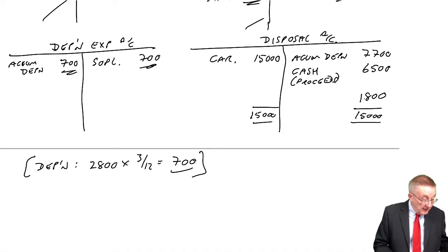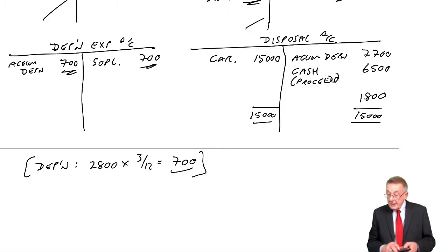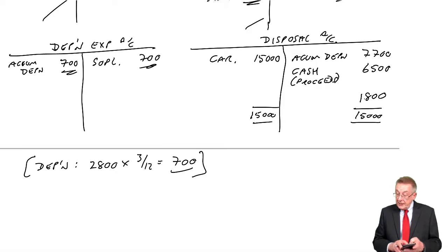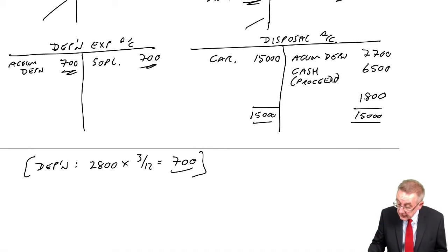I'll have to check with my calculator, how embarrassing. I think that's right, actually. 15,000 minus 7,700 minus 6,500. Oh, it's only 800. Sorry.